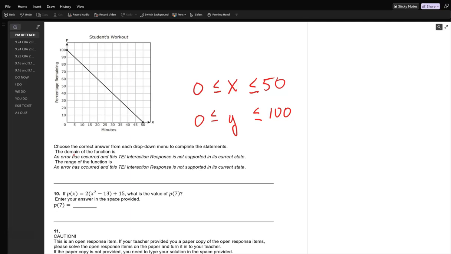If they articulated they wanted it spelled out in plain English, you can just read this inequality, okay? The domain is all x values that are greater than or equal to 0, but less than or equal to 50. The range is all the y values that are greater than or equal to 0, but less than or equal to 100. Okay?